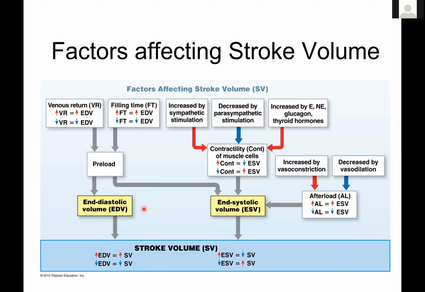So these are things that a cardiologist is worrying about all the time for their patients. So if you go to a cardiologist because you're having heart issues, they're going to worry about how a change in one of these things is going to affect the rest of them.